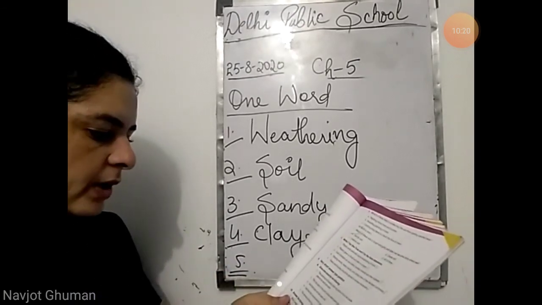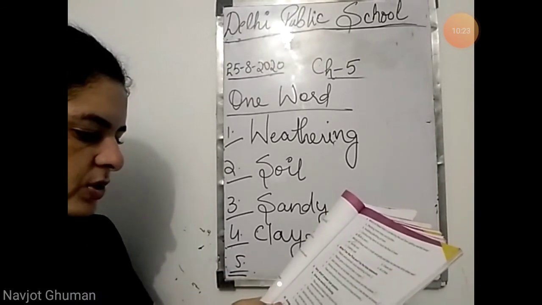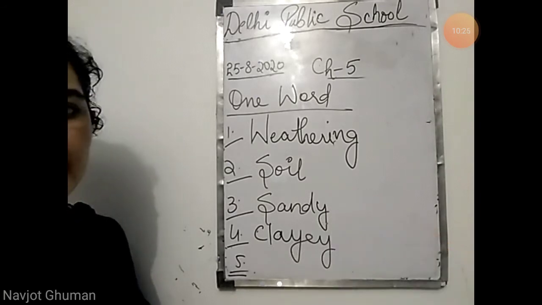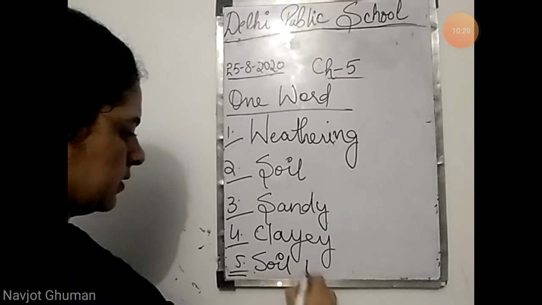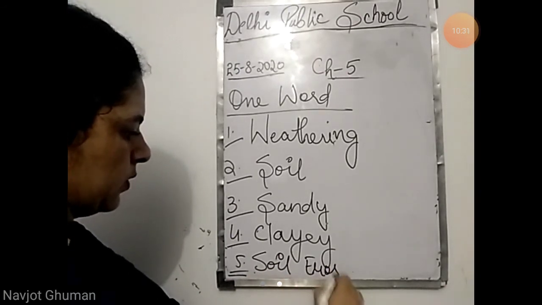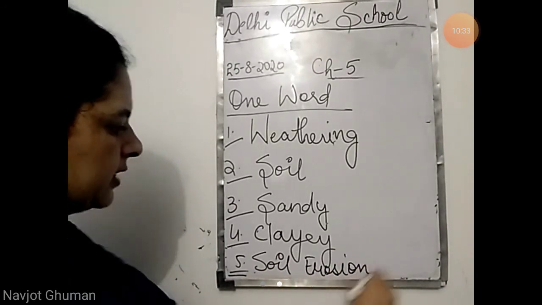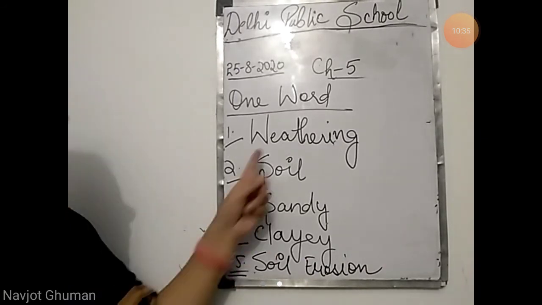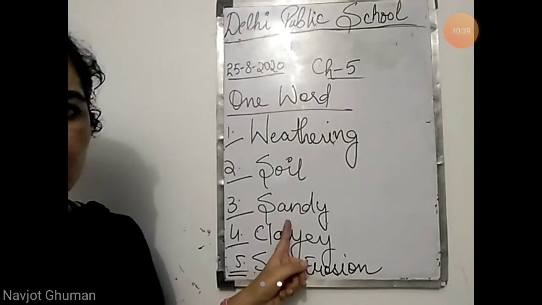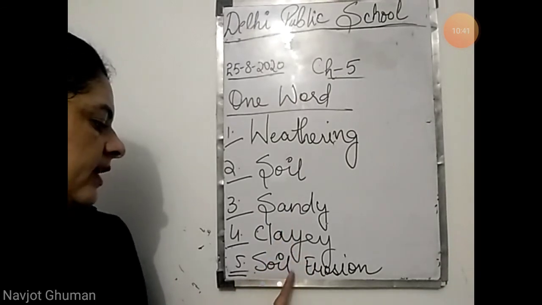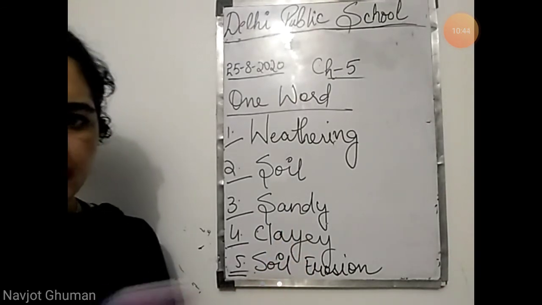The removal of fertile topsoil by the action of wind and water is called soil erosion. E-R-O-S-I-O-N, erosion. First is weathering, second is soil, third sandy, fourth clay, and fifth is soil erosion.